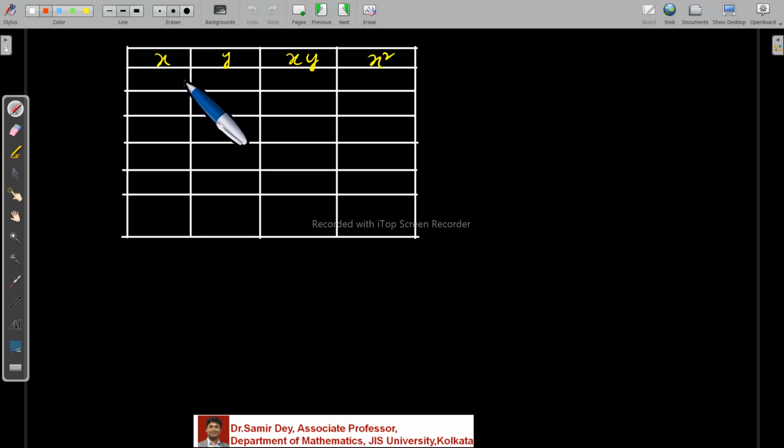So what do you have? The x values are 1, 2, 3, 4, 5. So this is your x value. What is your y value?